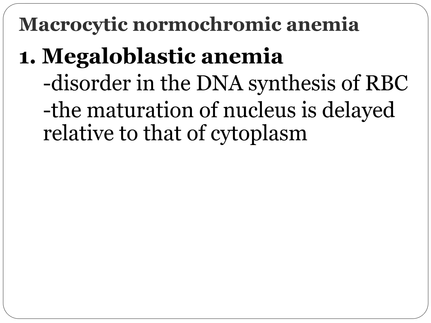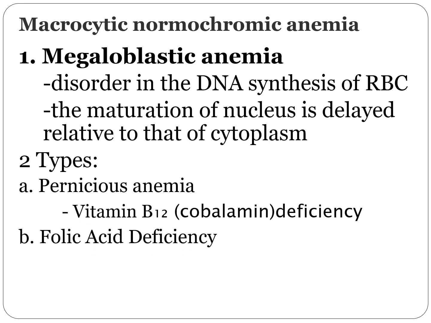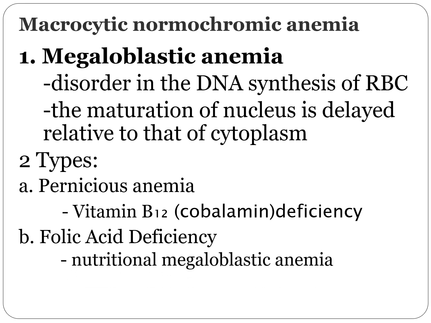The maturation of the nucleus is delayed relative to that of the cytoplasm, and we have two types of this. We have pernicious anemia, and we have folic acid deficiency. So folic acid deficiency would be more on the nutritional megaloblastic anemia.